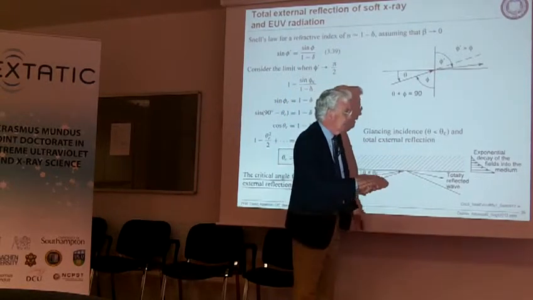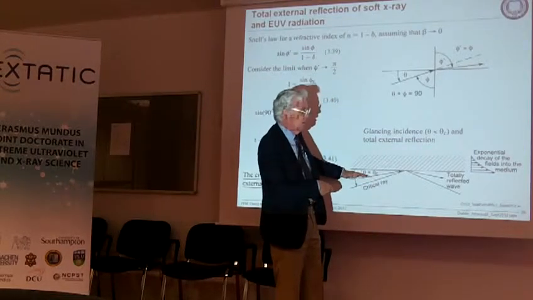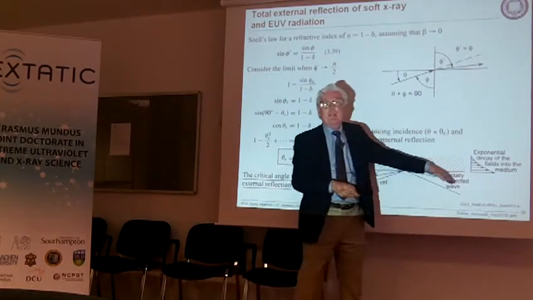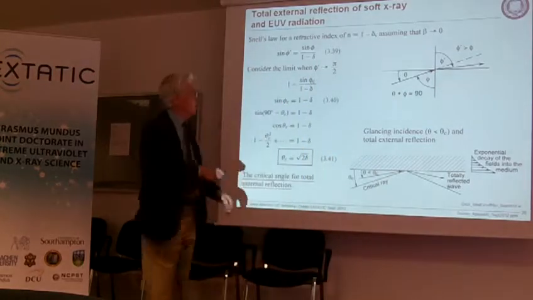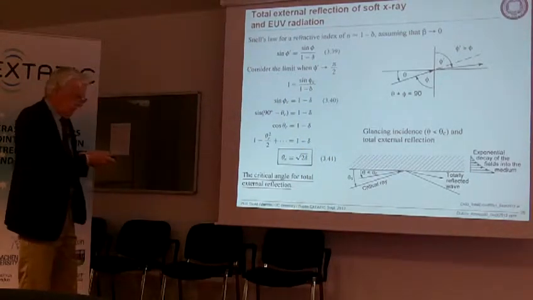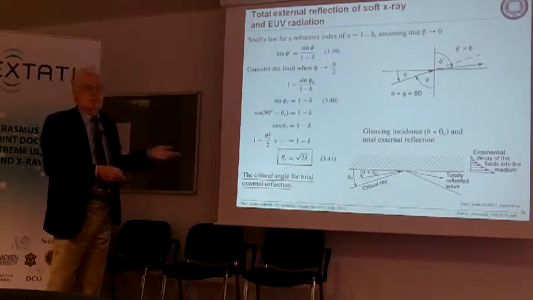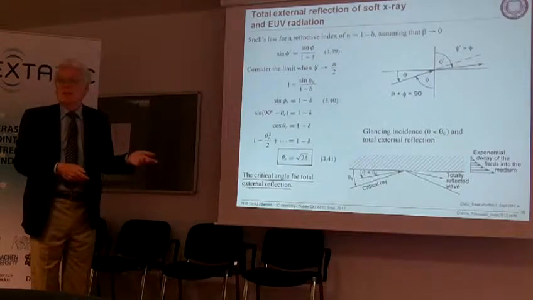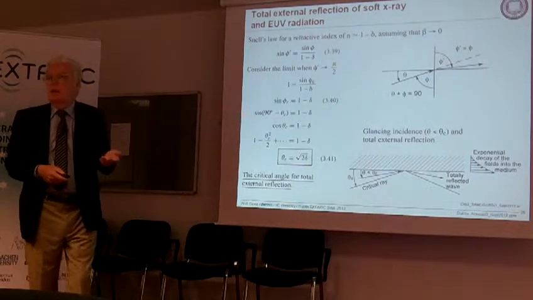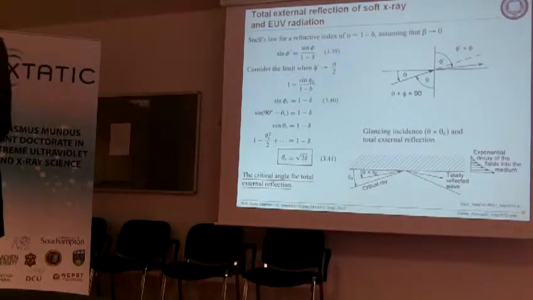But as you move the angle in even closer, below the critical angle, the penetration depth becomes smaller, and so that's why there's a little bit of a rollover in the reflectivity curve. So that's called total external reflection.